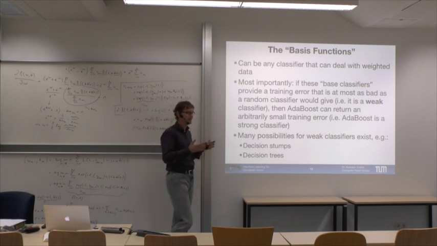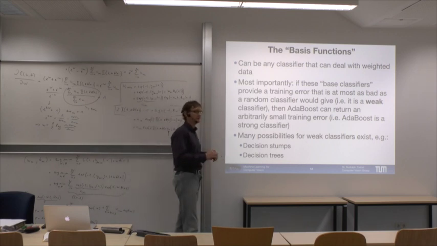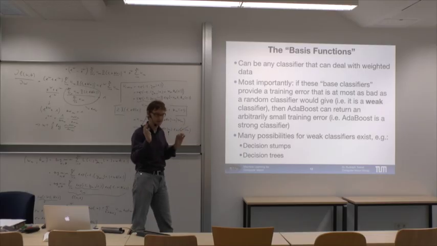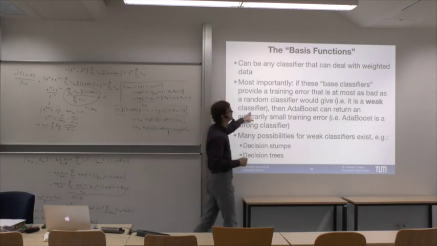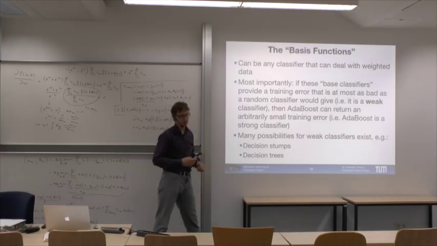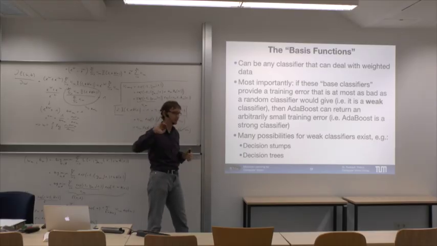But let's say you have a way to find a weak classifier that gives you a training error of maximum 0.49, something like that. Then AdaBoost can return an arbitrarily small training error. The more training rounds you run, the better it gets in every training round, right?